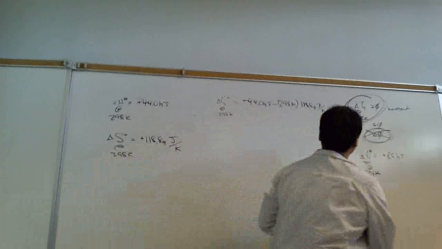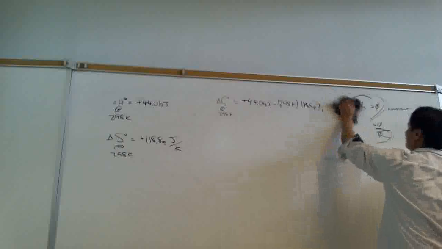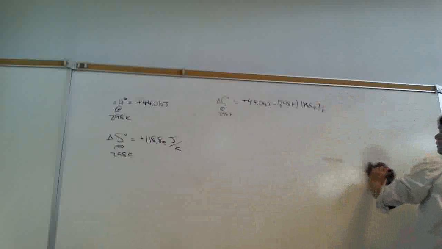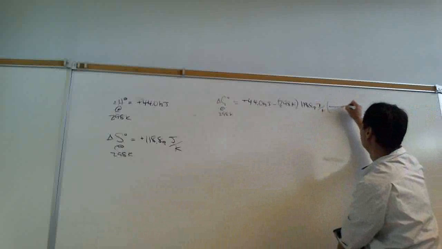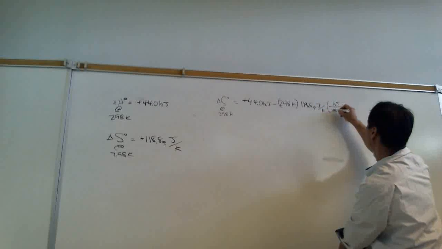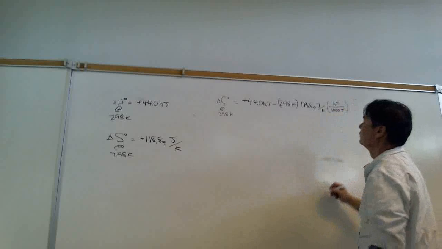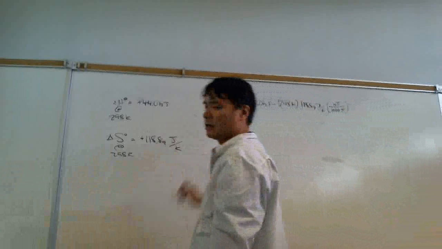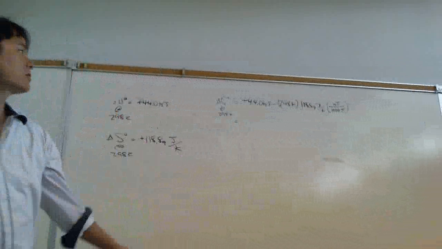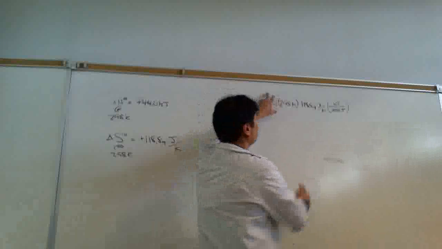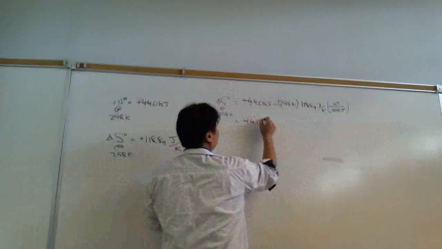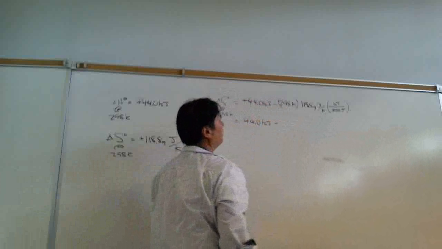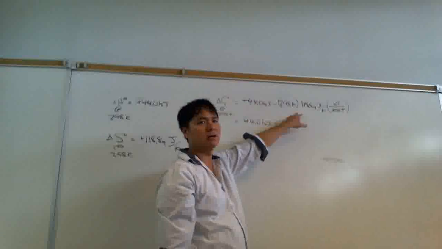Now, we have a problem here because units being in joules, we need to convert it to kilojoules. Let's go ahead and do that. Divided by 1,000. And what does that come out to here? Well, let's first calculate this second term. So this is 44.0 kilojoules minus, can someone just calculate this part?